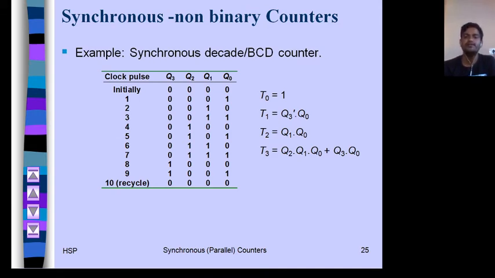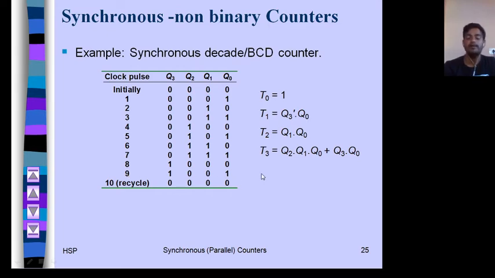The last step is to draw the circuit with the required flip-flops and suitable logic gates. Now this is an example of mod 10. What will happen in mod 10? It will count from 0 to 9: 0 initially, then 1, 2, 3, 4, 5, 6, 7, 8, 9. After 9 it will go back to 0.